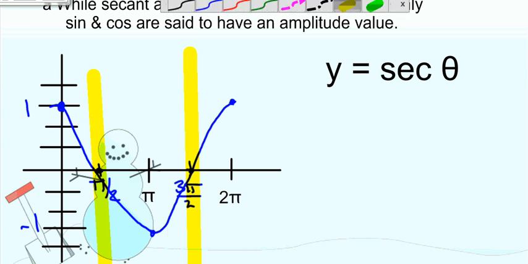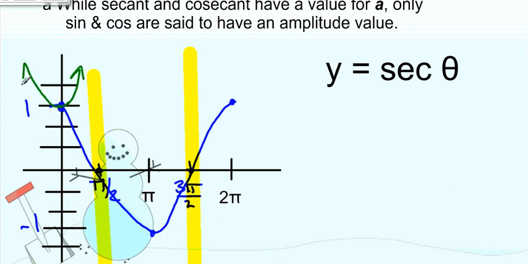So for my green, for my secant, notice that the cosine graph is peaking here at 1 on the far y-axis. So that means the graph there will be going upwards. And then we have another peak here at pi, but it's downwards.